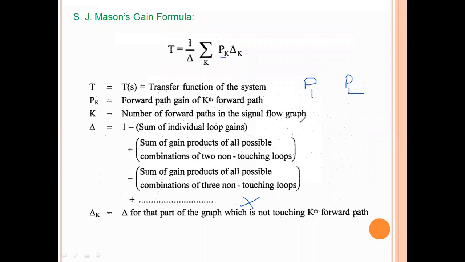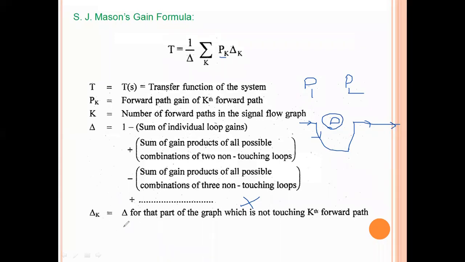Suppose I have a forward path like this, and in between I have a few nodes. This is the forward path, and you can see this part is not touching this forward path.